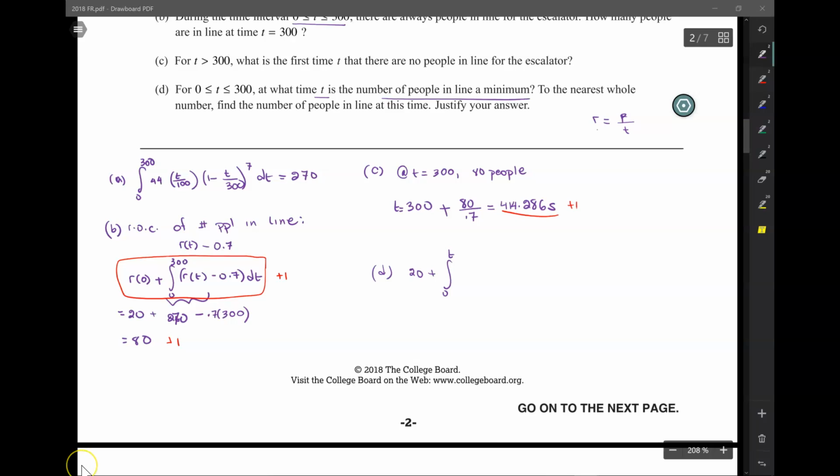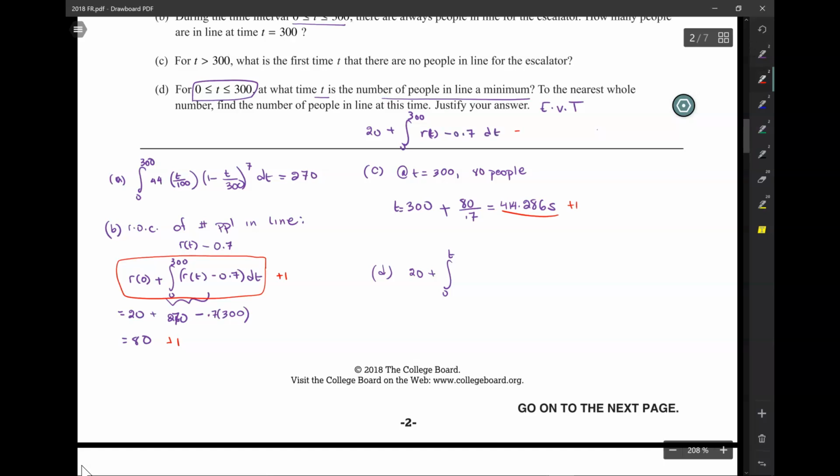Look at what we have here. We want the minimum over a closed interval. This is the extreme value theorem. It was 20 plus the integral from 0 to 300 of R of t minus 0.7 dt.